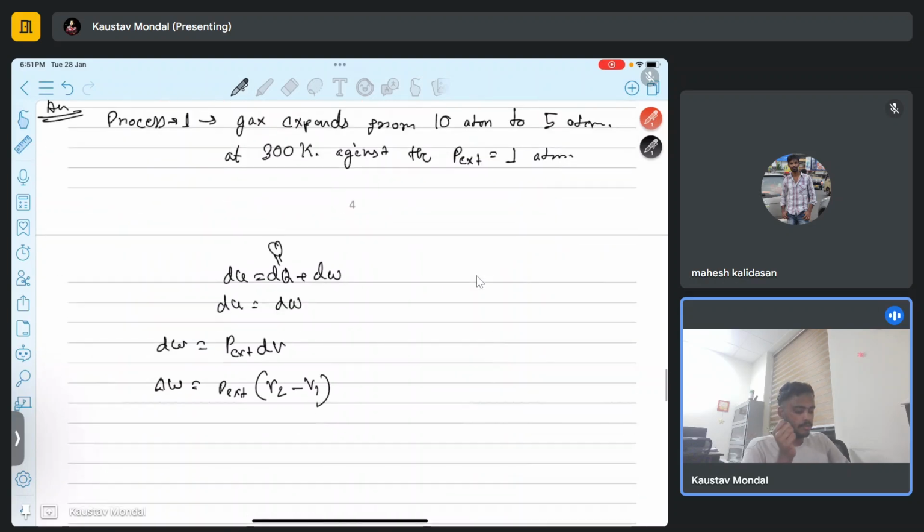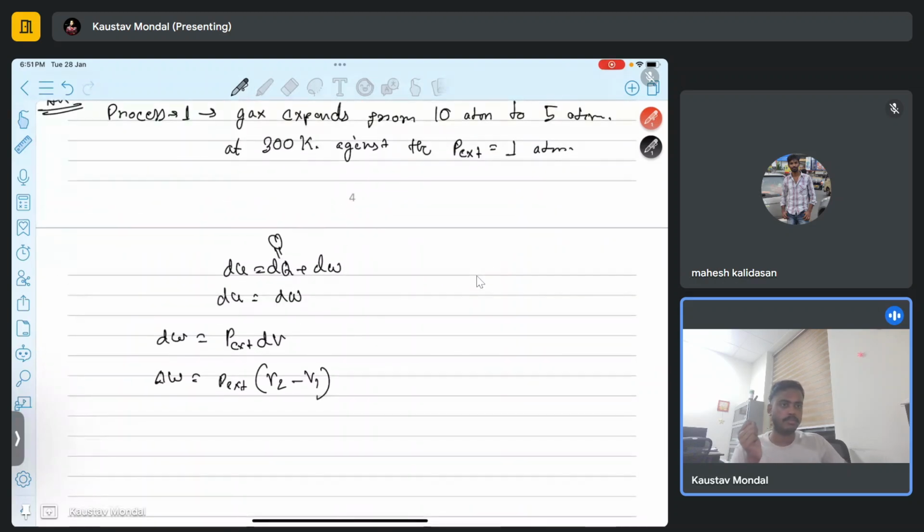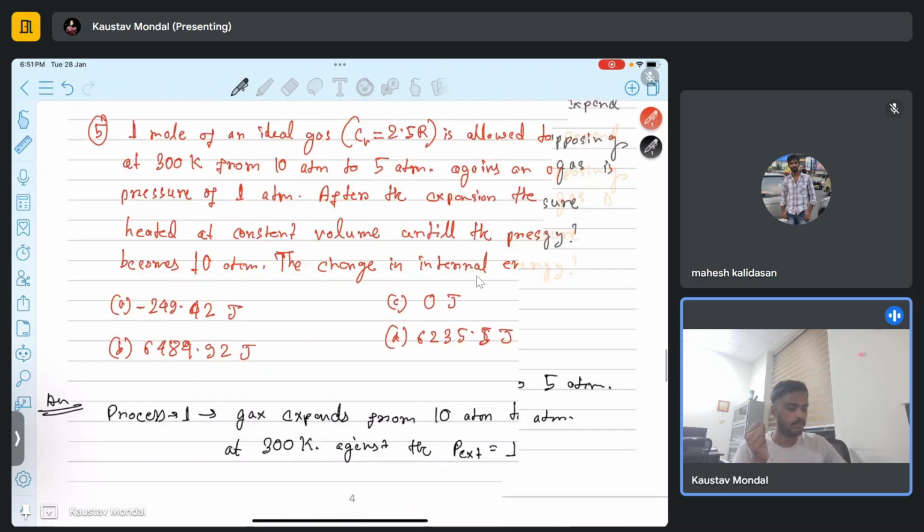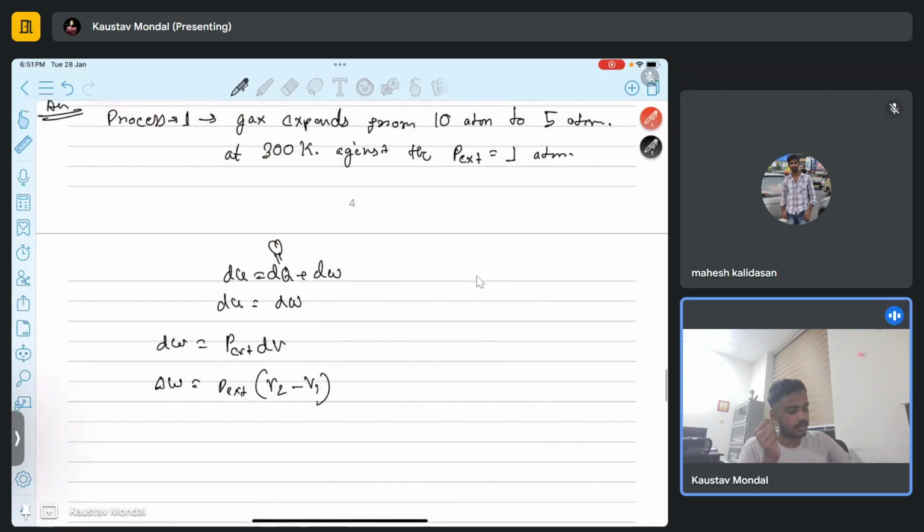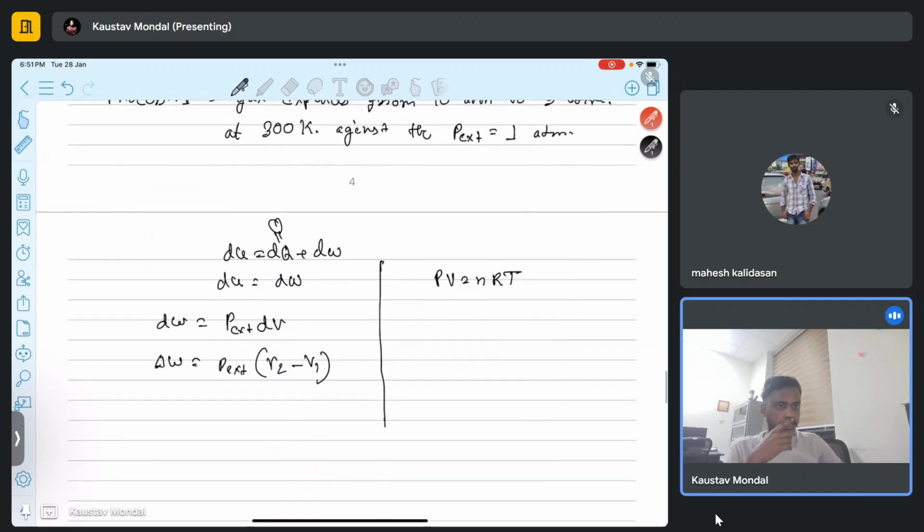But we can calculate the change in volume at that pressure, right? For that we will use the ideal gas equation, that is PV equal to nRT. So let's first calculate V1.